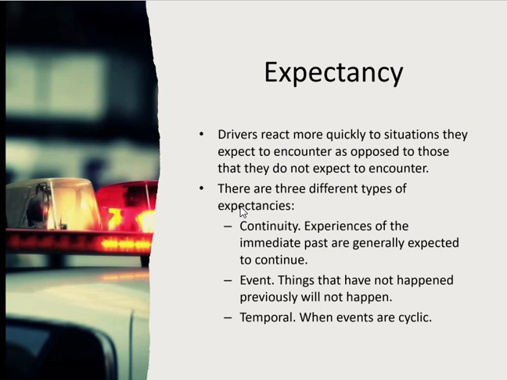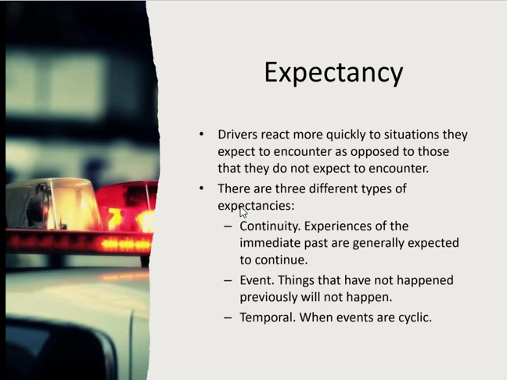The last one is temporal expectancy, meaning expecting things to change according to a cycle, according to a pattern. For example, a traffic jam. I know this is the peak hour, I know the pattern, so in this hour I expect I will go slowly on this road. Before, I know this is not the peak hour, so I expect to go faster.